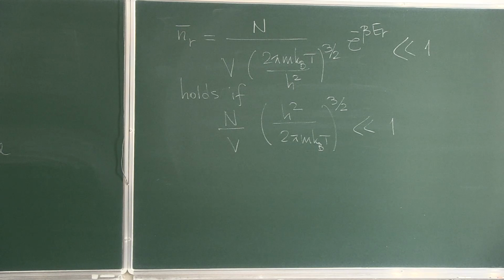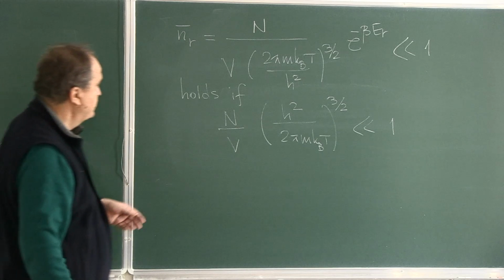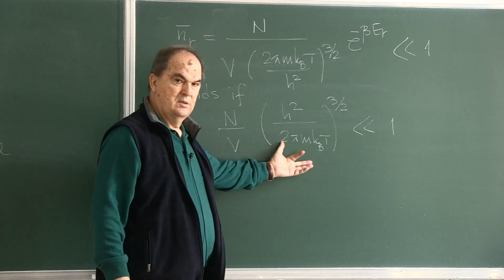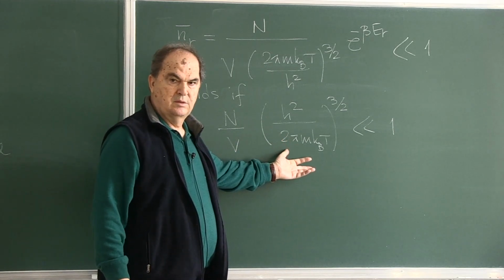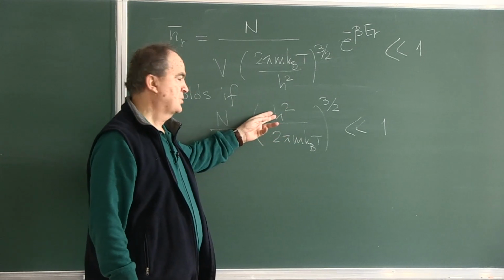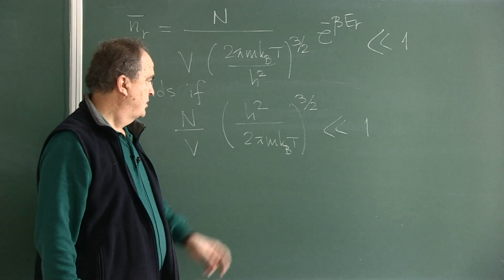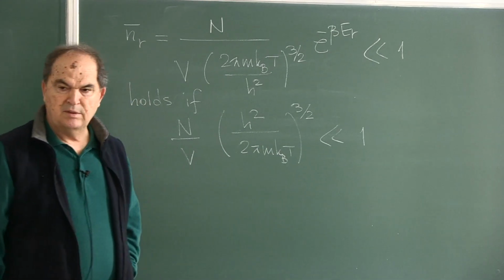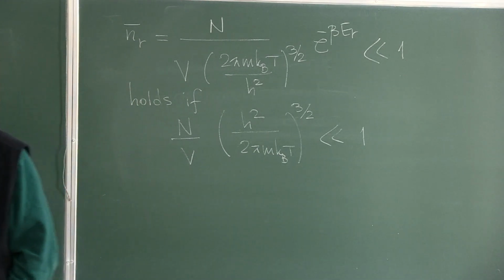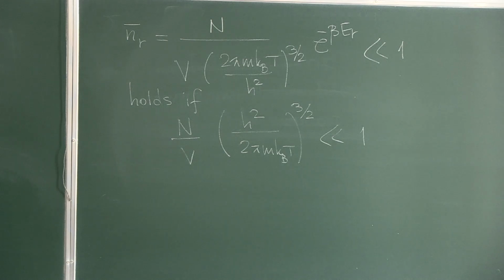The quantity in the parentheses, can you tell me what it is? I told you this before. I asked the same question before. What is the unit of this? The square root, h squared is h, divided by the square root of 2 pi m k_B T. Well, apart from 2 pi m, k_B T is the thermal energy.